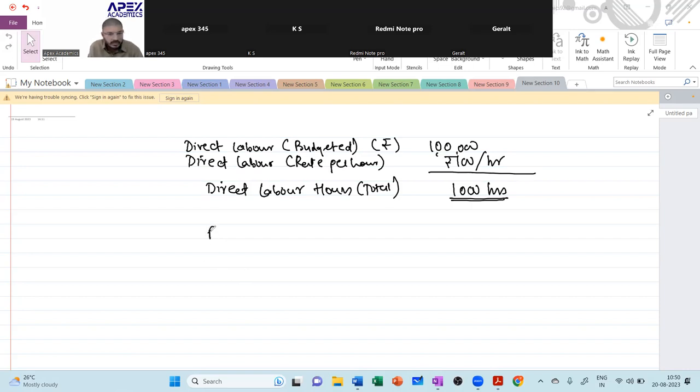If I was to say that factory overheads are budgeted to be, for example, rupees 7,000, how many direct labor hours do we have?